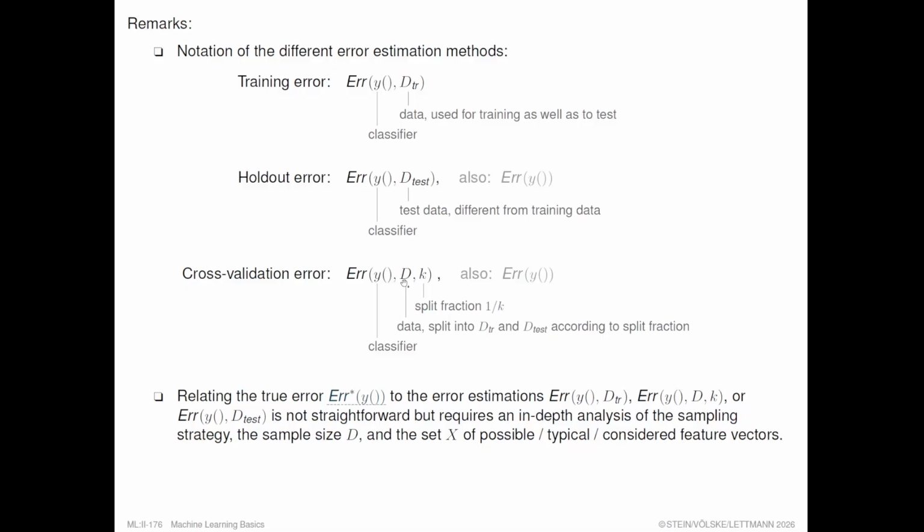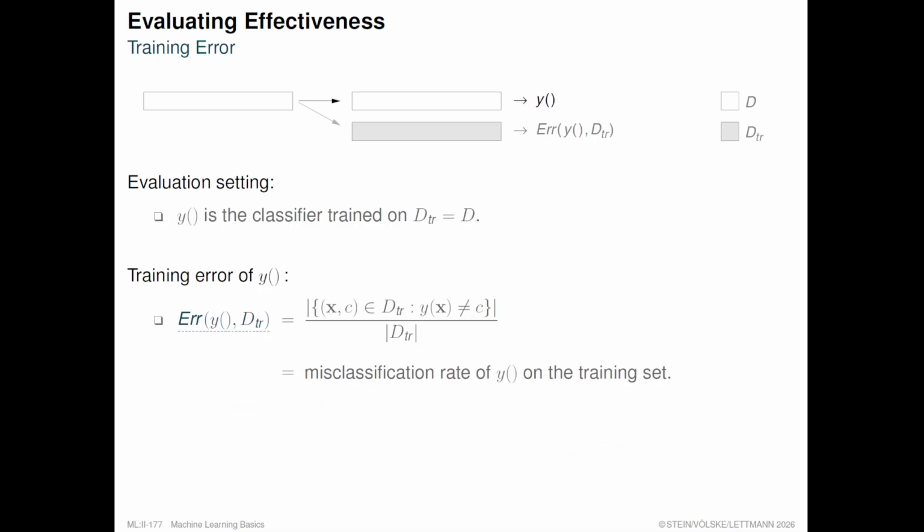For cross-validation error, you operate on a large data set, but you train on one part and test on the other part, and you do it a few times in order to not overfit on the selection of the test data set. We'll come to that in a minute.